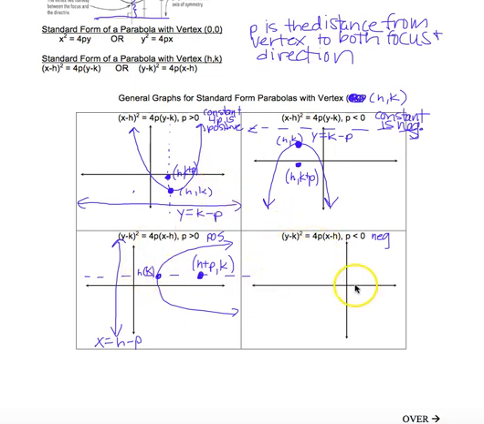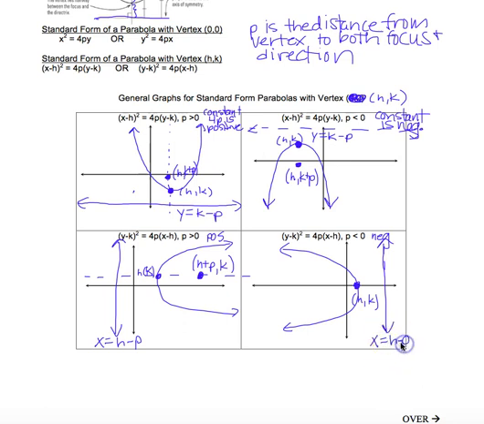Last one. Let's say I put my h, k here. So I haven't done one that's on the axis yet. So my parabola would look like this because if the y is squared and the constant's negative, it's going to open to the left. So if I put my directrix here, then that would be x equals, and again, since the p value is negative, it's really like I'm doing the same thing.